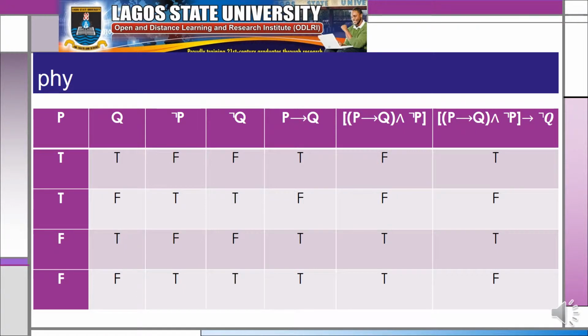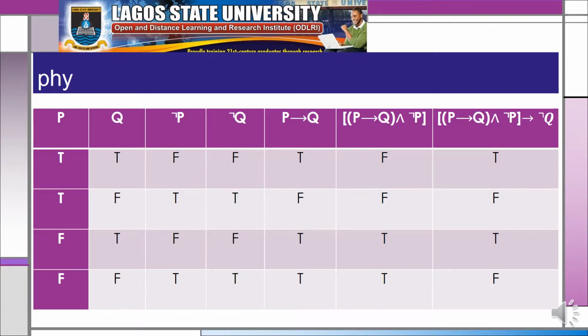Also, the table is obtained from our previous lessons 1 and 2, where we have P, T, F, Q, T, F. Then you negate P and negate Q. The implication, all these are obtained from the knowledge we had in lesson 1 and 2.